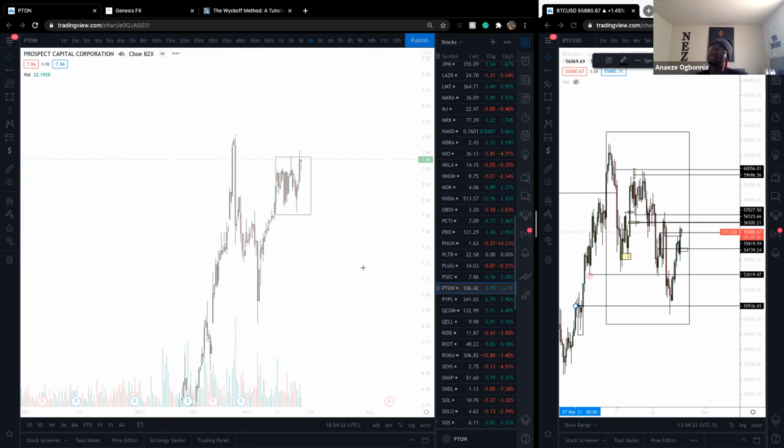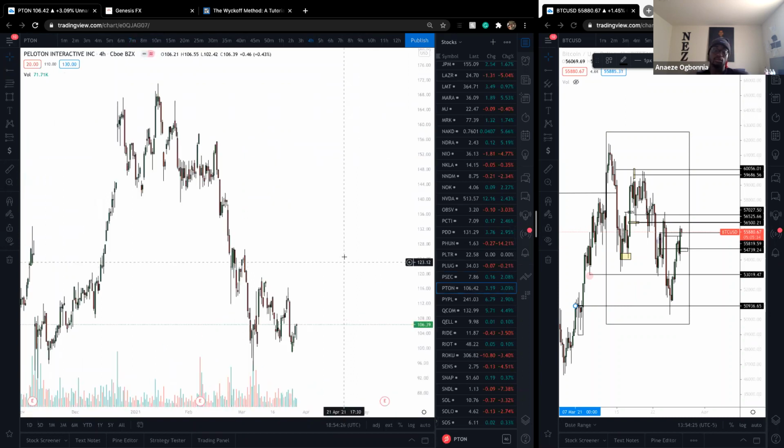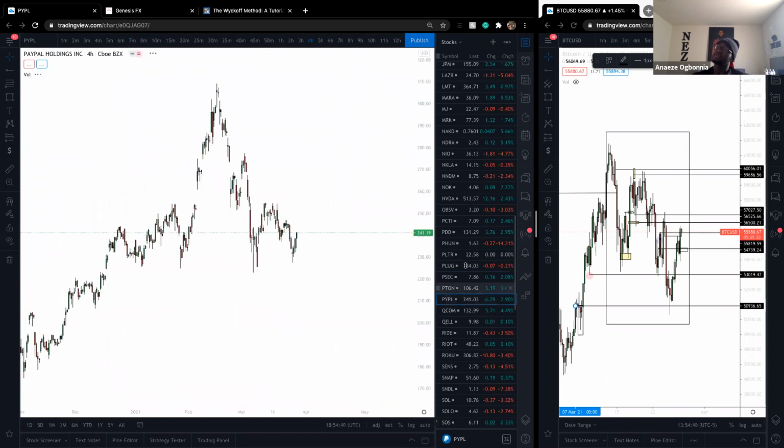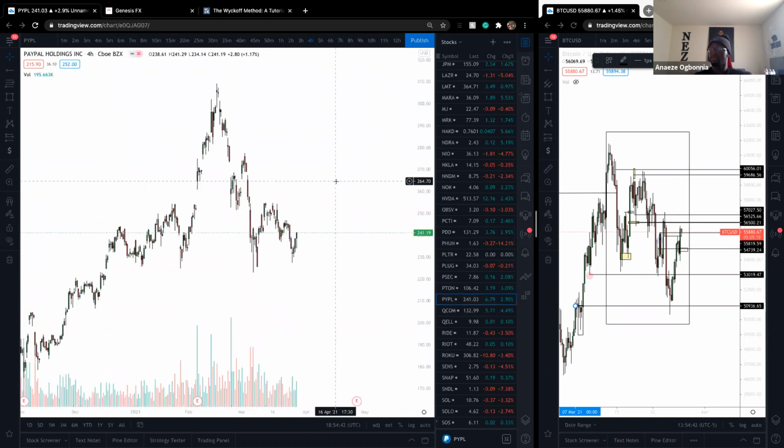Piton. Bearish. PayPal is going to follow Bitcoin, so I'm bullish on PayPal. Technically, Bitcoin is still bearish long-term until it breaks 57.